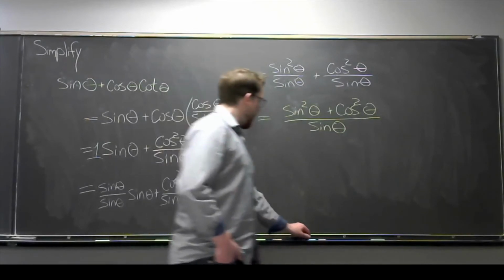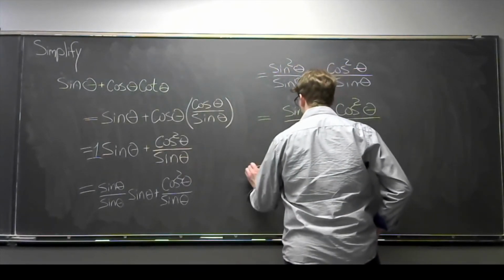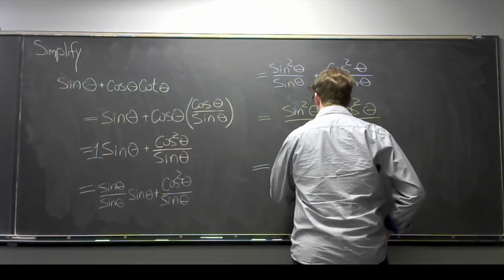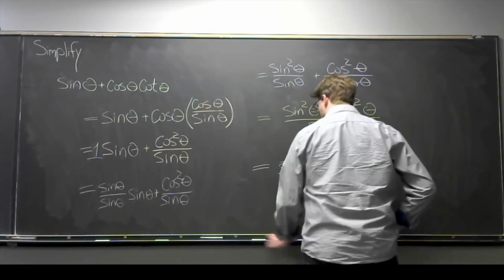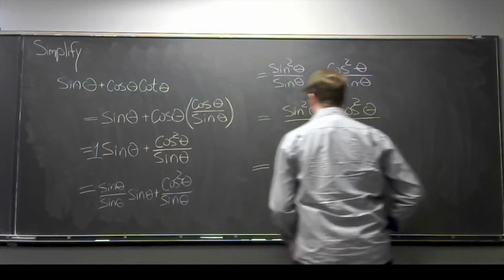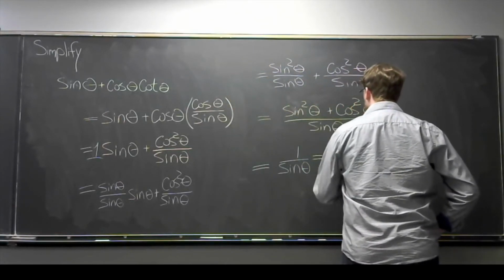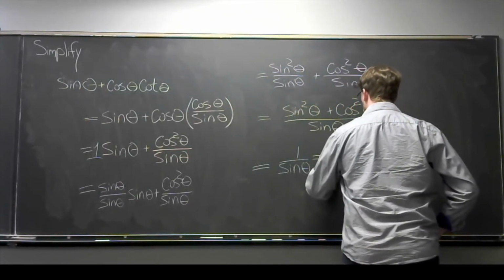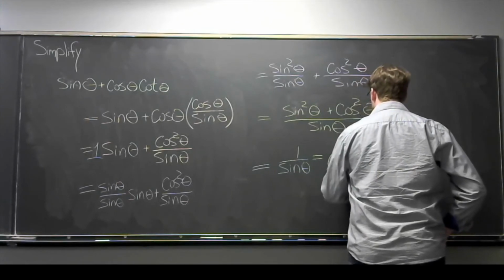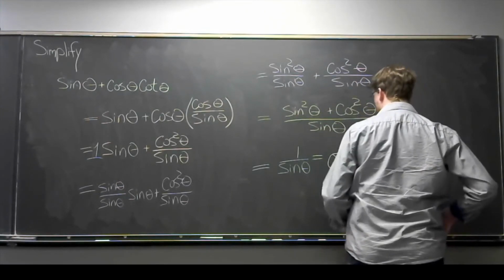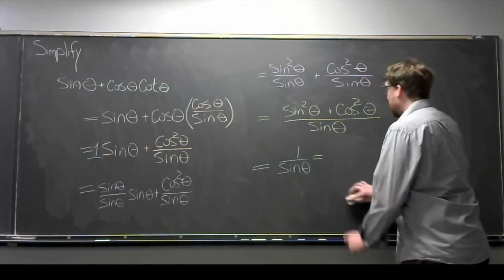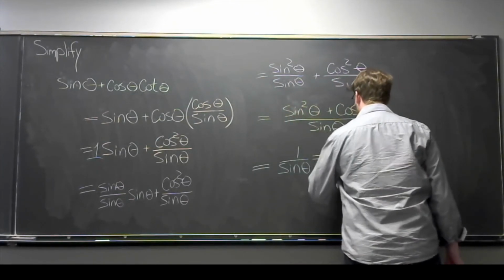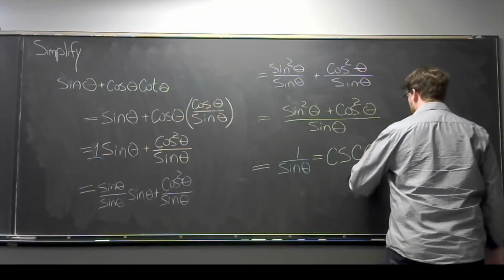So when we use that, we get this is equal to 1 over sine theta, which is equal to 1 over cosecant theta, cosecant. My mistake. It is equal to cosecant theta.